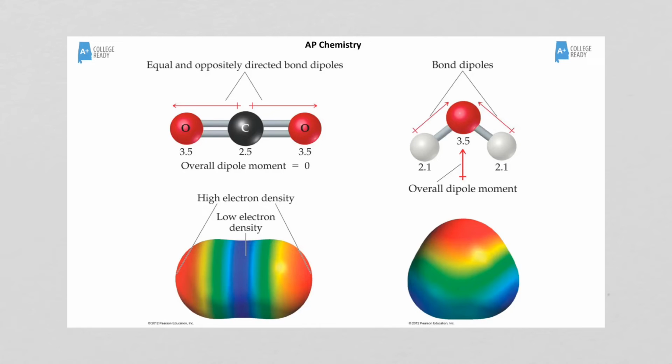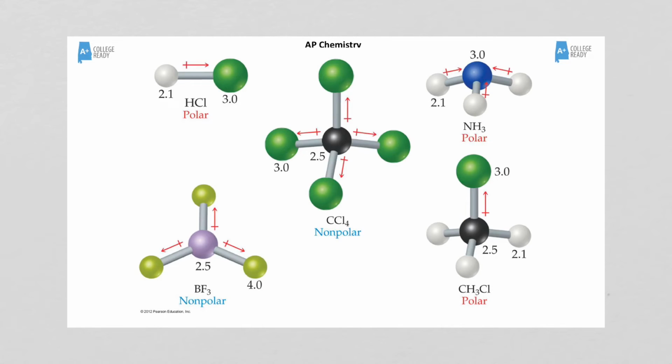It is nonpolar. However, with water, the lone pairs aren't drawn here on the oxygen, but because of the lone pairs and the 2 bonded atoms, it is asymmetrical. The shape being bent causes this to have an overall dipole, so it is a polar molecule. And you can tell from the shading on those space-filling models below. Here are some other examples.